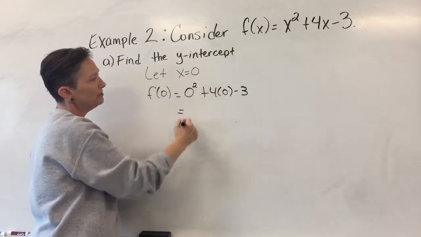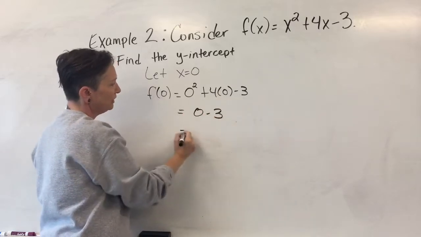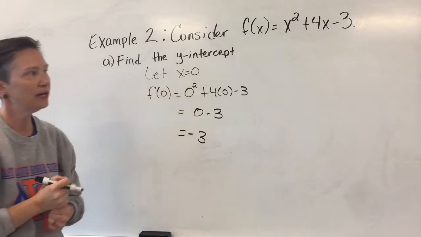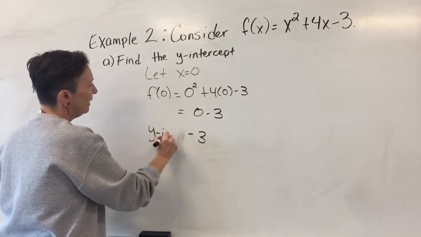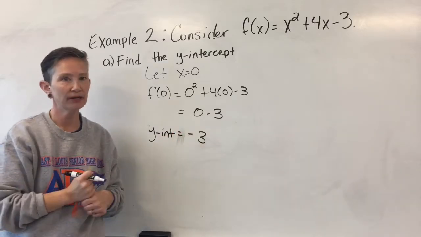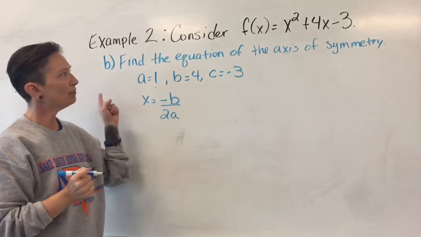Well, 0 squared is 0 plus 0, so 0 minus 3 gives me a value of -3. So I can say my y-intercept is -3.